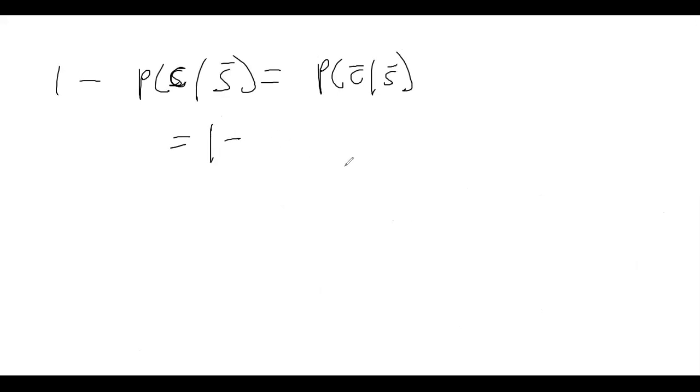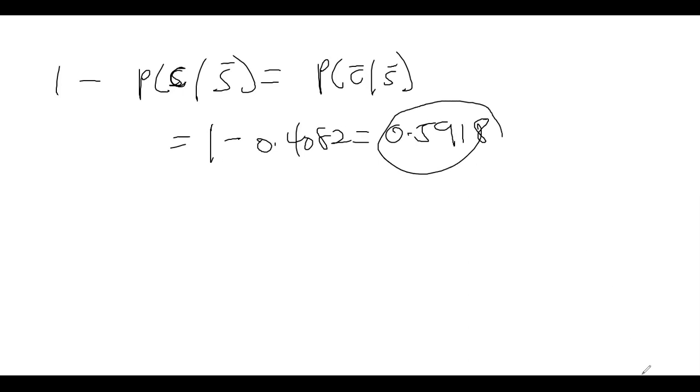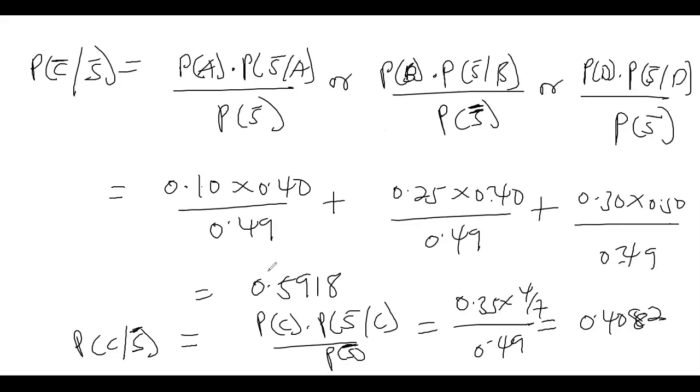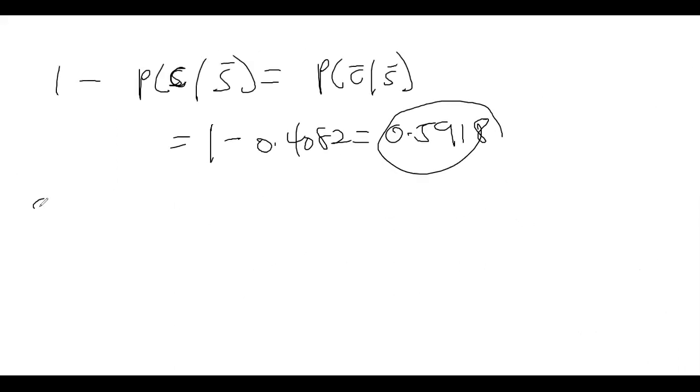It will be 1 minus 0.4082, and this will give us 0.5918, which is essentially the same answer as what we have here. So you can go the long approach, or you can do the shorter approach and subtract the answer from 1. You essentially get the same thing.